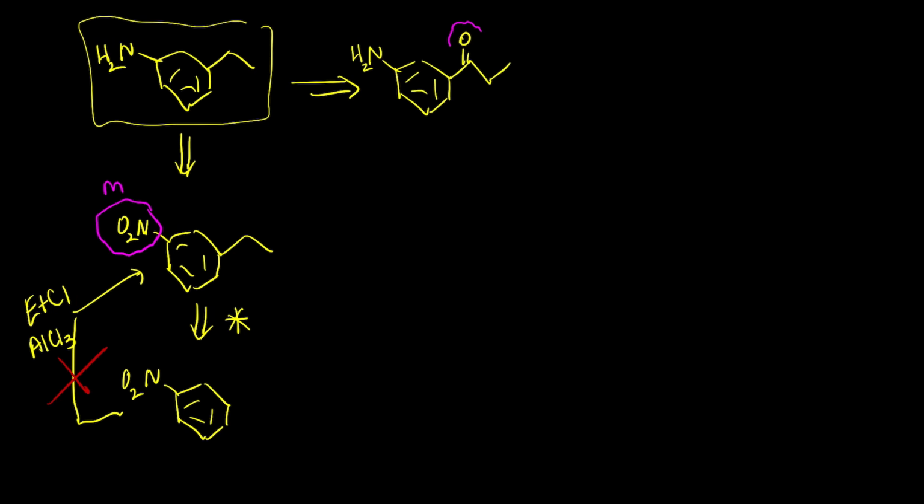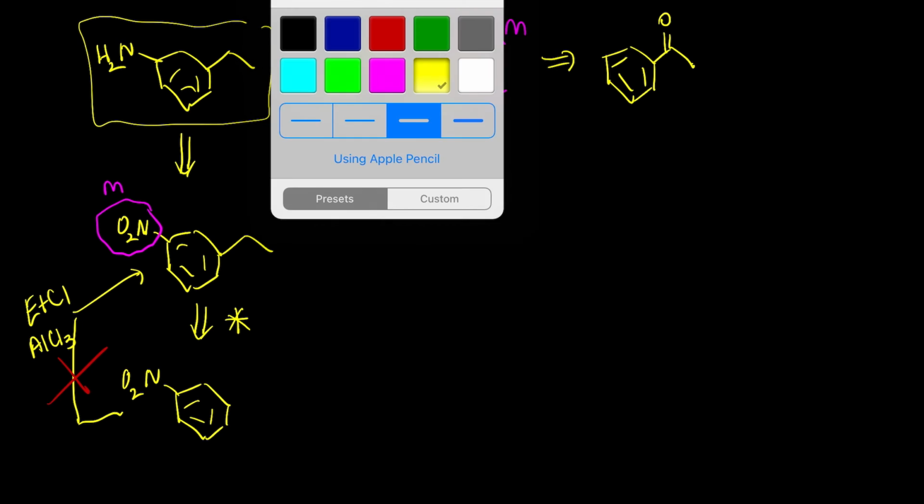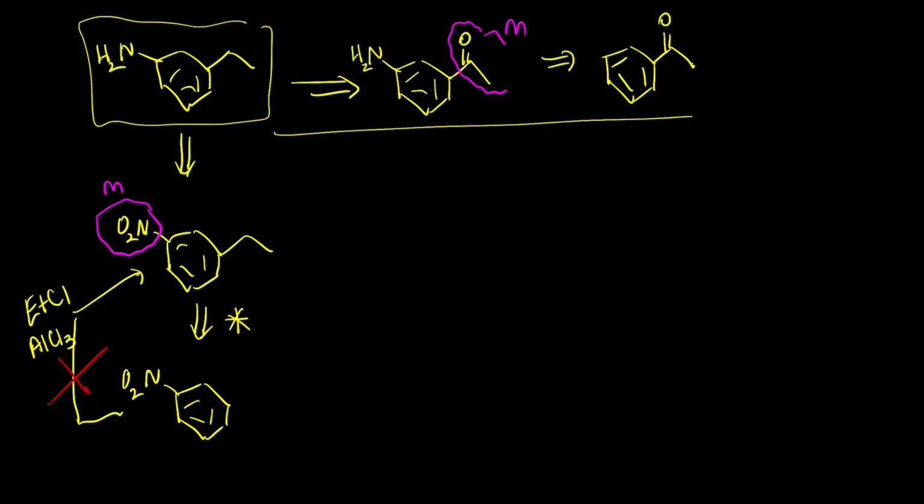And this would be correct in the sense, again, that we have a meta-director. So that could come from, let's just pull off the aniline group, that could come from acetophenone. And we know how to make that. So let's use this route here.